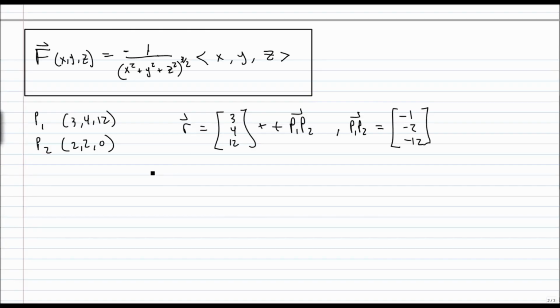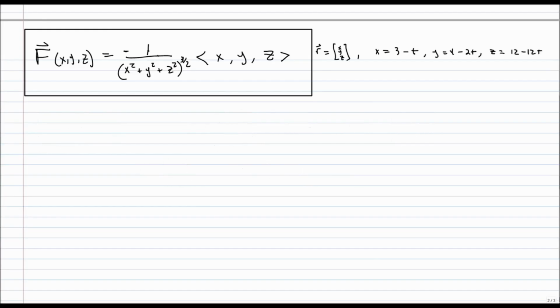And then since r is (x, y, z), our scalar equations are x equals 3 minus t. So you can see up here that when t is 0, we're at the point x equals 3, y equals 4, z equals 12.